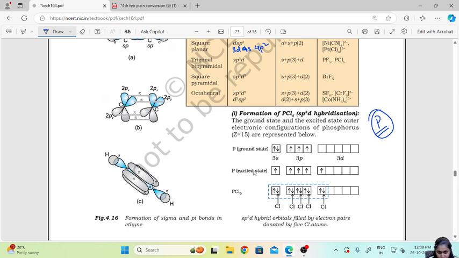Now from this s orbital, one of the electrons is shifted to 3d orbitals, giving rise to sp3d hybridization. Now how many unpaired electrons are there? 1, 2, 3, 4 and 5 unpaired electrons are there. So these 5 unpaired electrons are balanced by addition of 5 chlorine atoms. That's why it is PCl5.